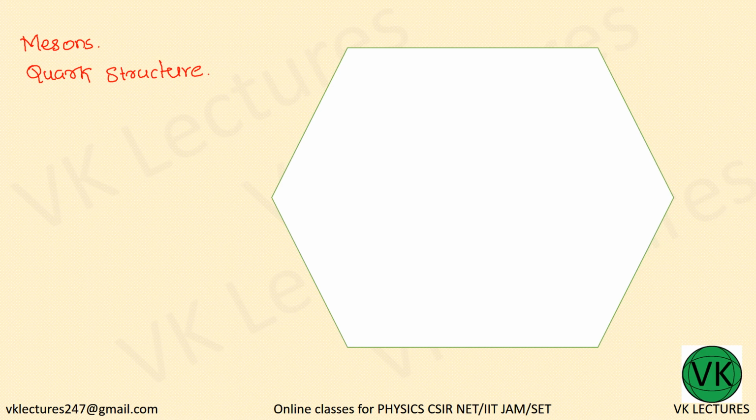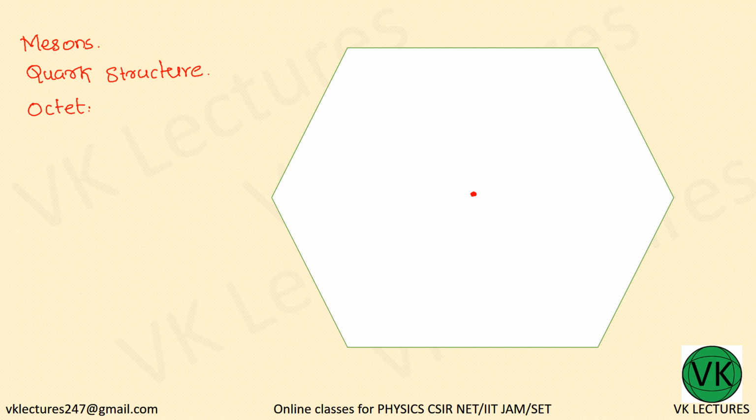This is called an octet because there are 8 points here, and one more point is at the center. So all this, 1 2 3 4 5 6 7 and 8. Now all particles have to be embedded in this structure.